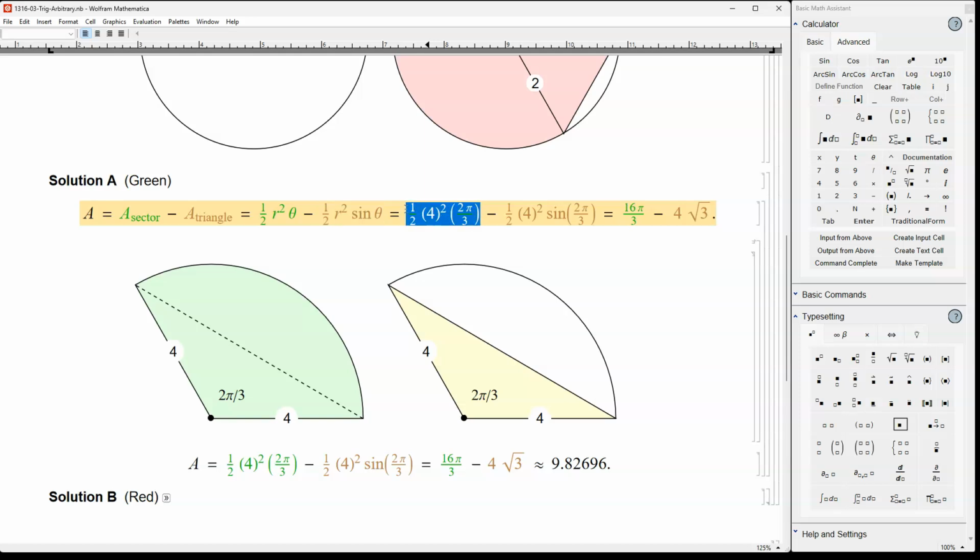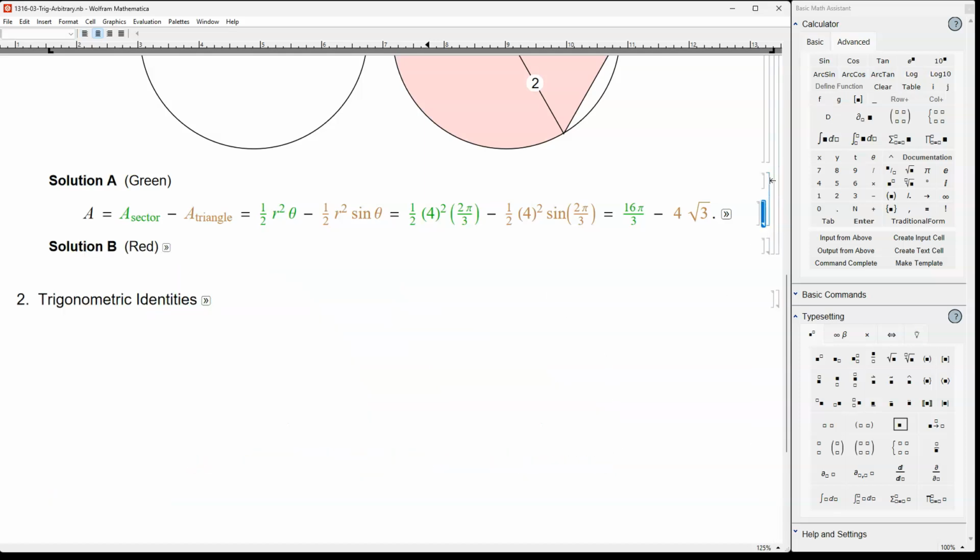So 1/2 4 squared 2 pi over 3 for the sector, and 1/2 4 squared sine of 2 pi over 3. Do your computation and you're going to get this. 2 pi over 3 is a basic angle, so we get a precise value: 16 pi over 3 minus 4 square root of 3. But if you punch it in the calculator, you're going to get something like this. Alright, so much for the first problem.